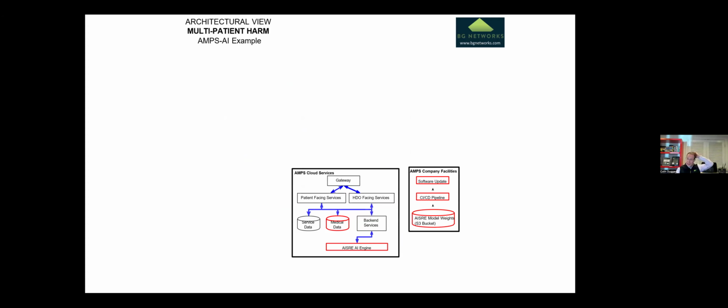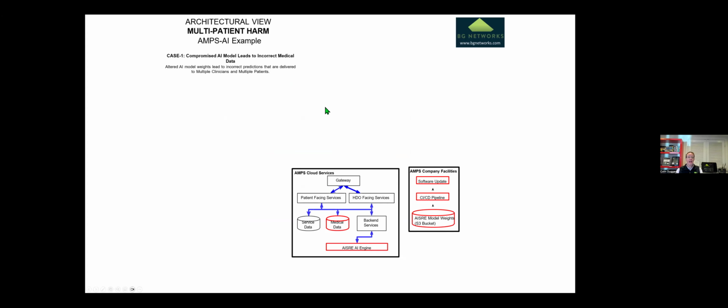Okay. Moving on to the next architecture view. So this is number 3 now. This is a multi-patient harm view. And like Milton explained, this is a view where the FDA wants to see, have you really limited the risk that a lot of patients could have their safety compromised or their information stolen by a single attack.